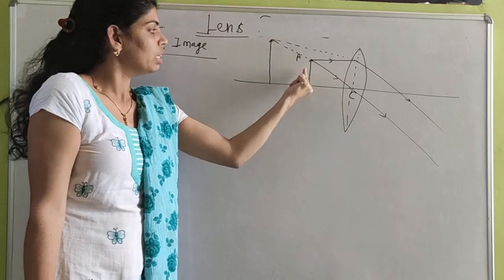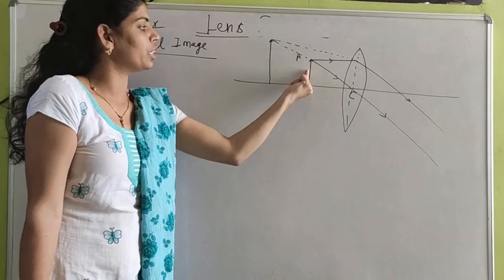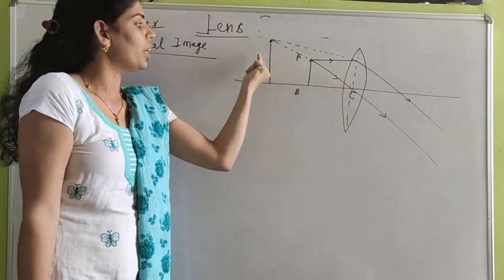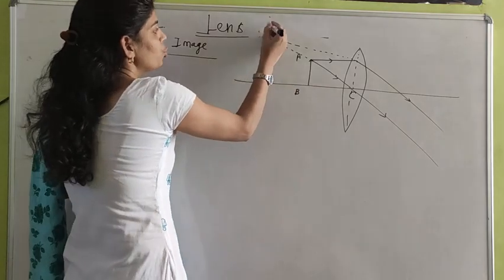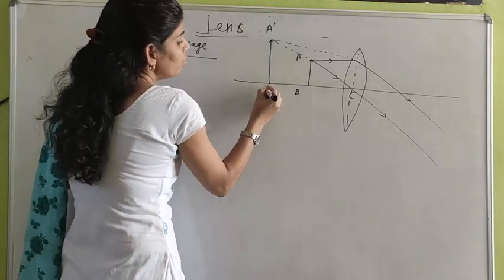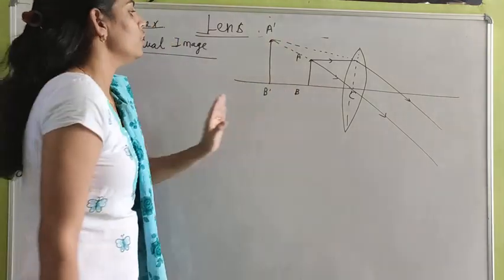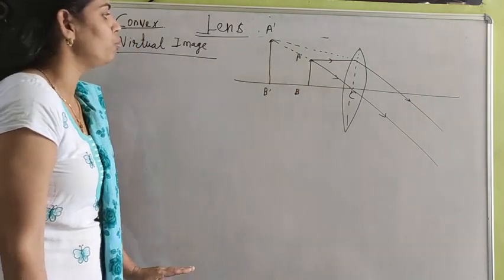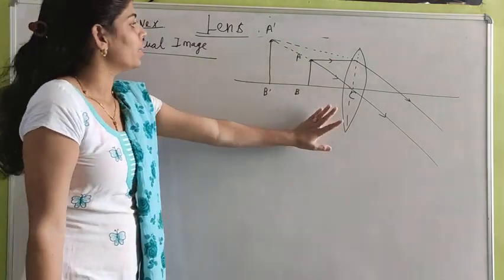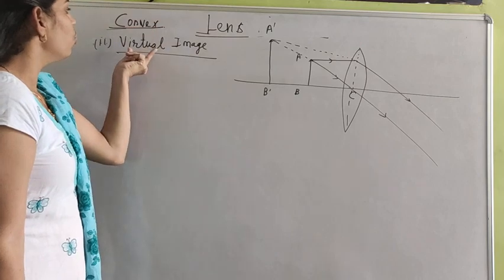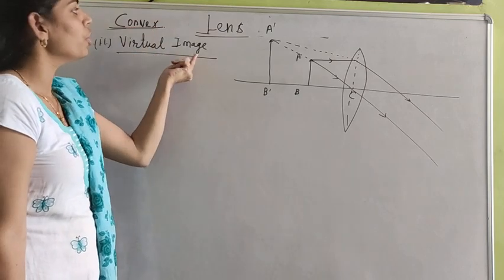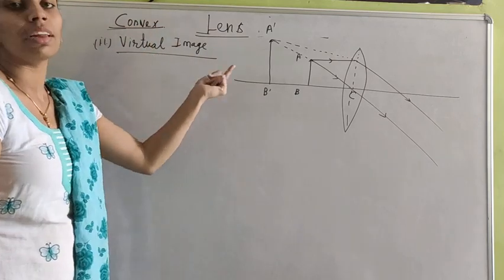So a virtual, magnified and erect image is formed behind the object. Now this is the ray diagram for the virtual image formed in case of a convex lens.